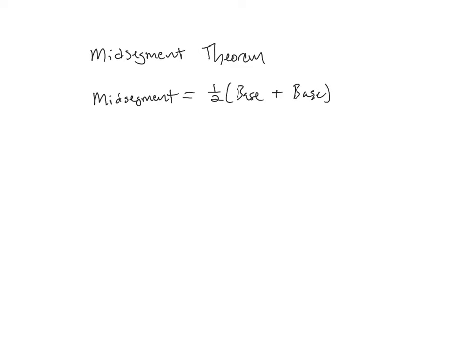So the theorem says the midsegment of a trapezoid is parallel to each base, and the length is 1/2 the sum of the bases. Okay, so it doesn't have to be isosceles.